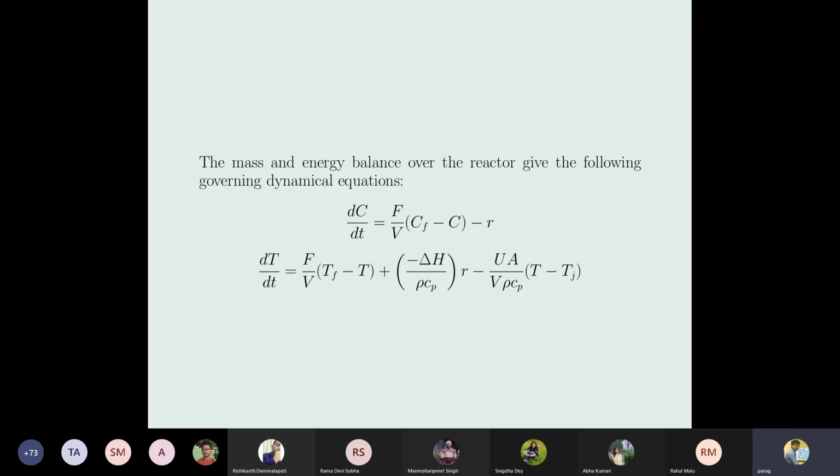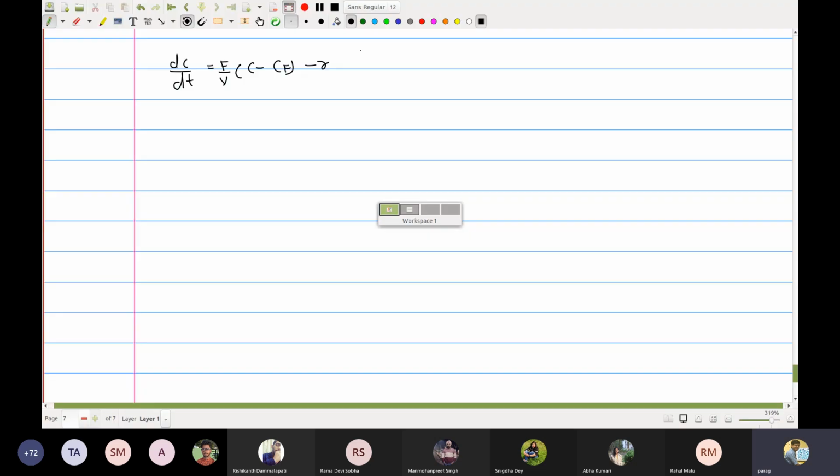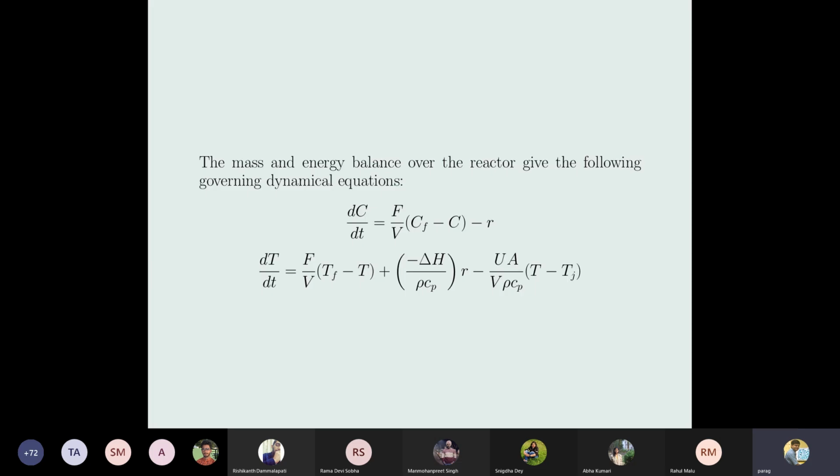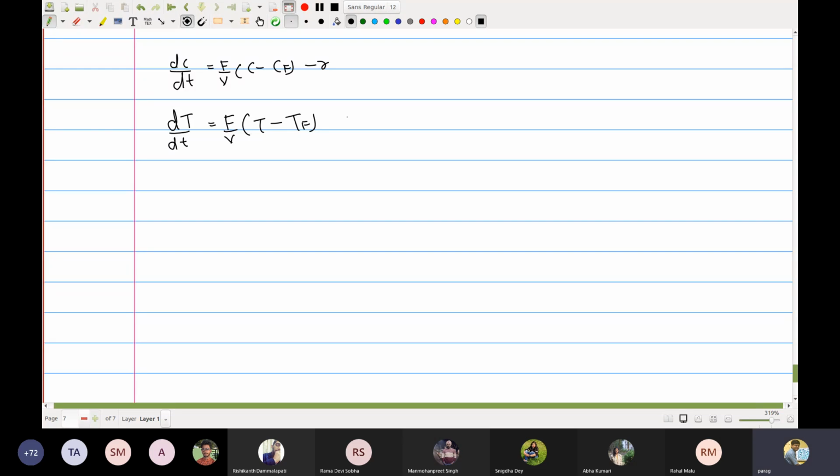And secondly, dT by dt equals f by v, the same term, T minus Tf, then minus delta h upon rho cp times the rate of reaction.